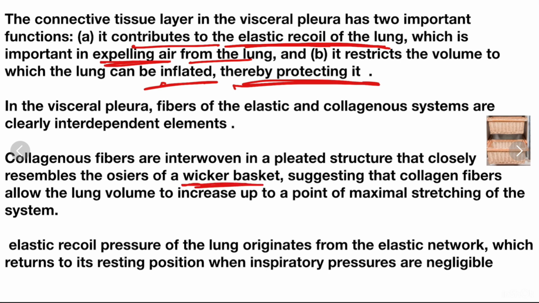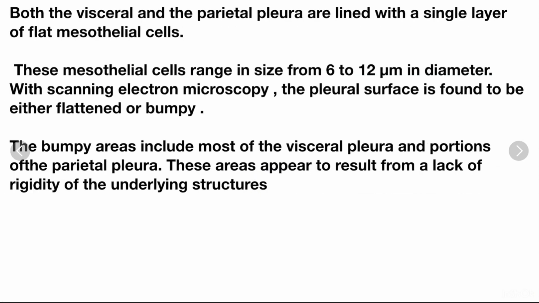This arrangement suggests that collagen fibers allow the lung volume to increase up to a maximal stretching point. Then comes the elastic recoil pressure of the lung, which originates from the elastic network, which returns to its resting position when respiratory pressures are negligible. So it allows the lung to recoil, which is known as elastic recoil pressure.